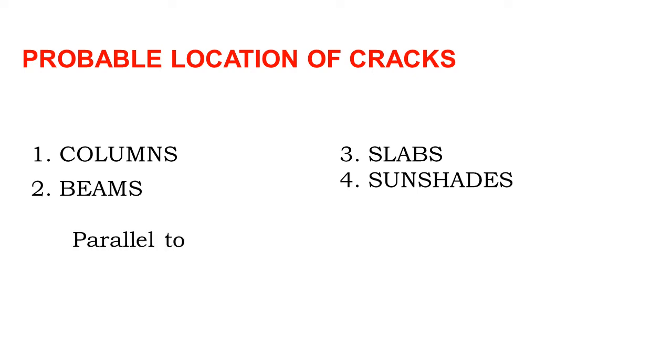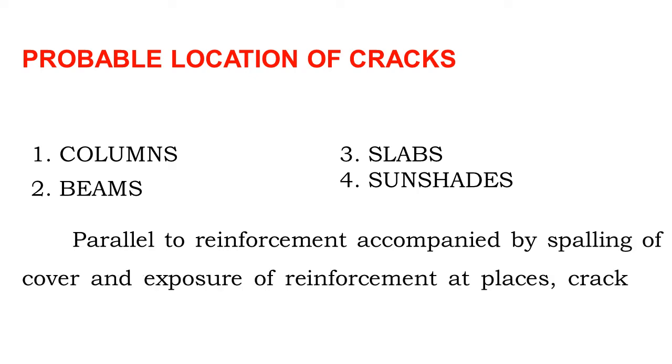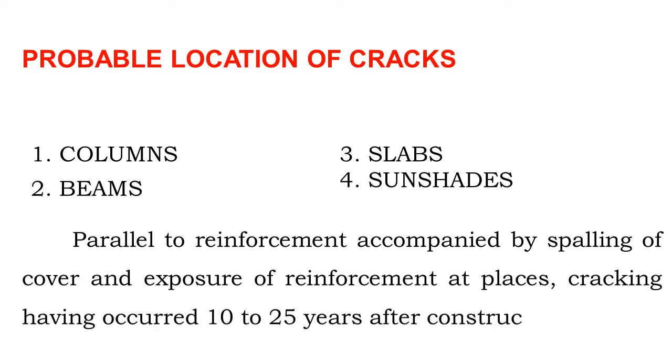These are the probable members where cracks can develop. The cracks are generally parallel to the reinforcement, accompanied by spalling of cover and exposure of reinforcement at places, with cracking occurring 10 to 25 years after construction.